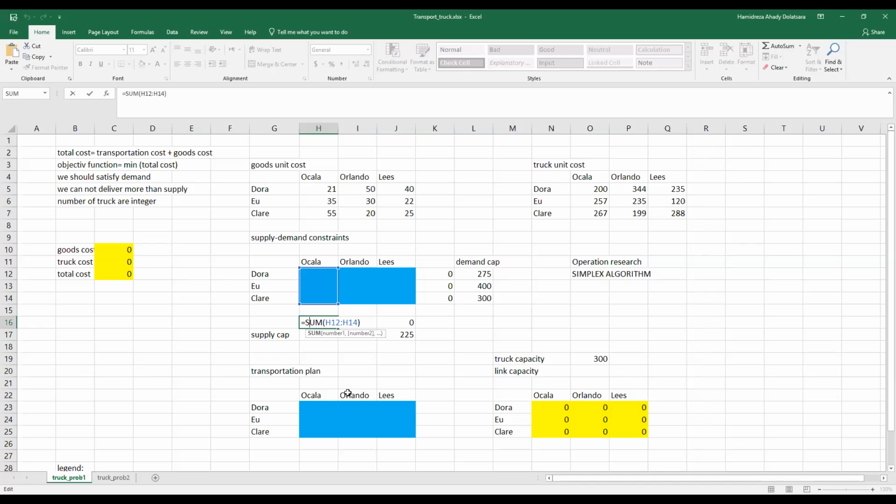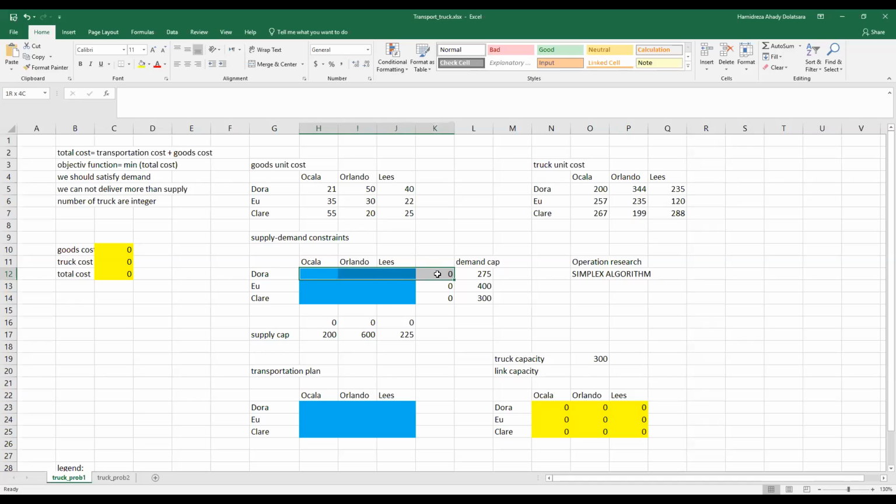So this is the total of goods that Ocala provides for everyone. This summation helps me check if the total delivery is less than Ocala's supply or not. It should be less than the supply cap. So Ocala cannot deliver more than 200 units.